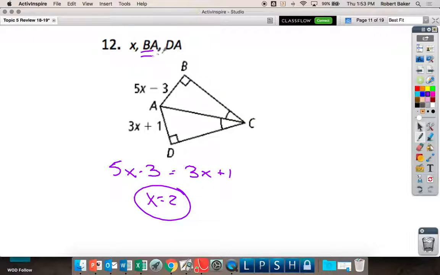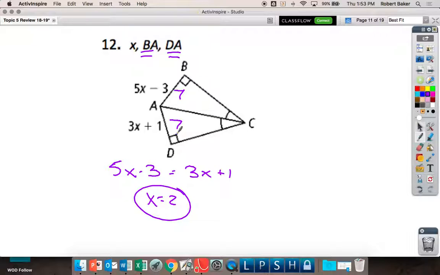But you have to give me how long is BA. You have to plug it back in. 10 minus 3 is 7. And 6 plus 1 is 7. And they are equal to each other. When x is 2, both of those lines are equal to each other.